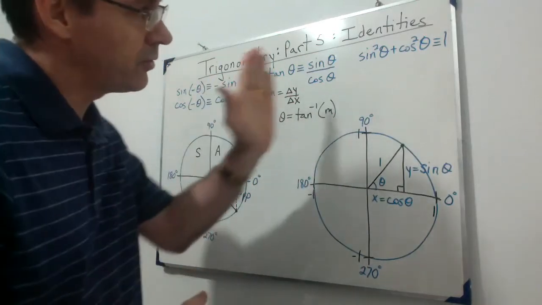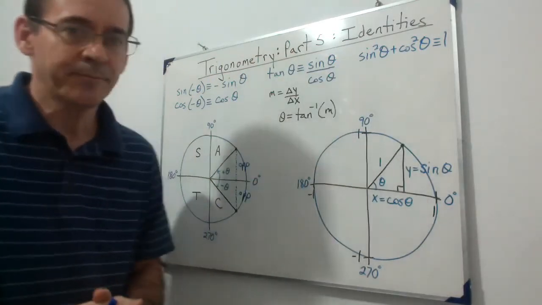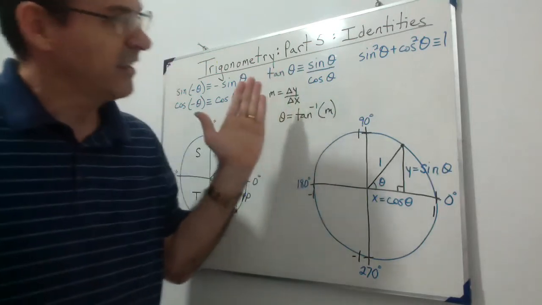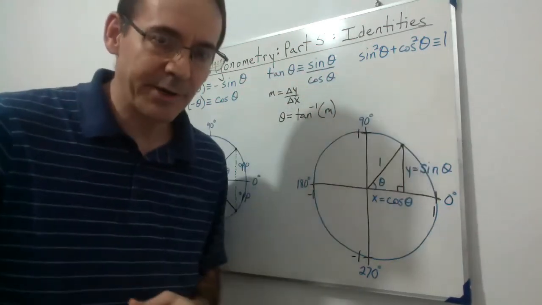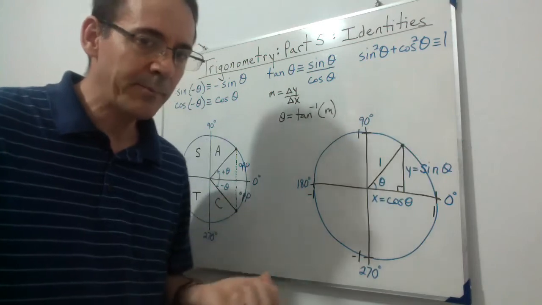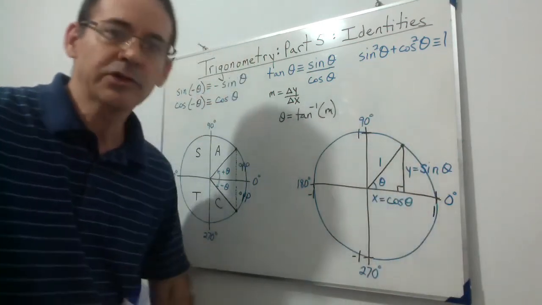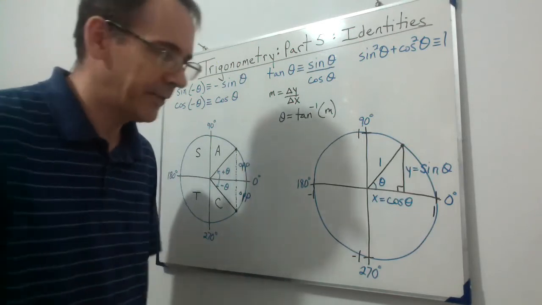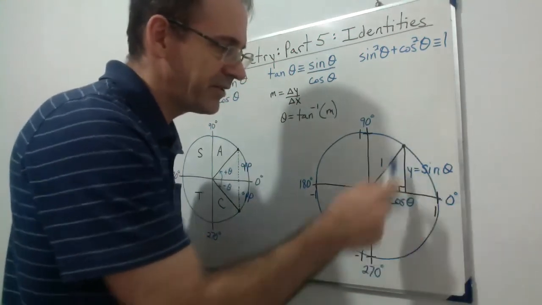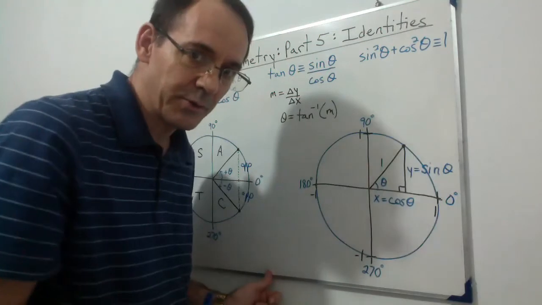Now, back to our identities. We want to go to one more identity, and this one is also an algebraic connection. Remember in algebra, when you have a right triangle, you can use the Pythagorean theorem: A squared plus B squared equals C squared.